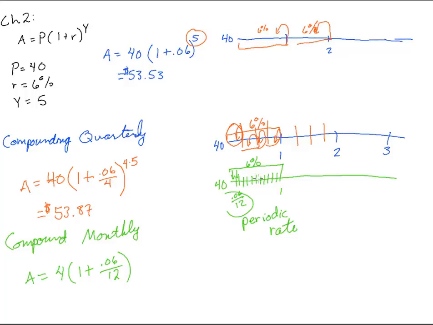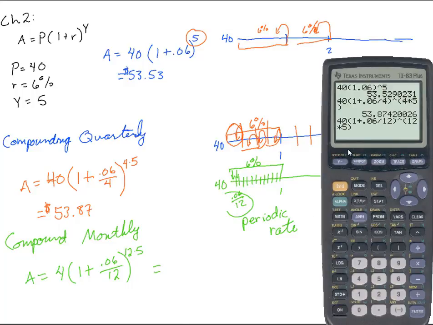Well, we've got 12 in each year, and it's going to happen for 5 years, so that's 12 times 5, 60 of them. That's going to equal, let's pull out our handy dandy calculator. We've typed in 40, 1 plus 0.06 divided by 12, to the 12 times 5, and we get just a little bit more, 53.95.